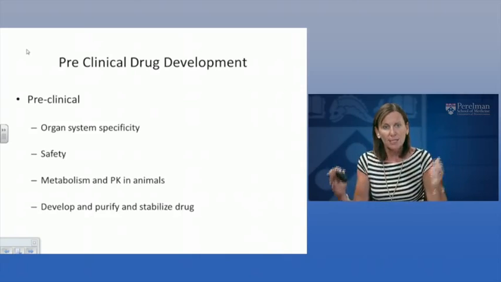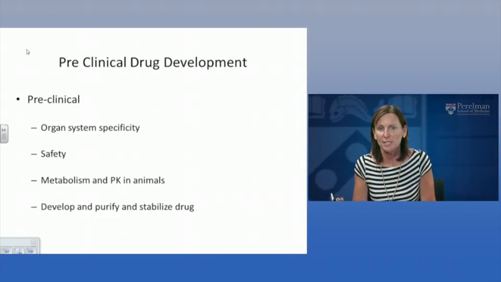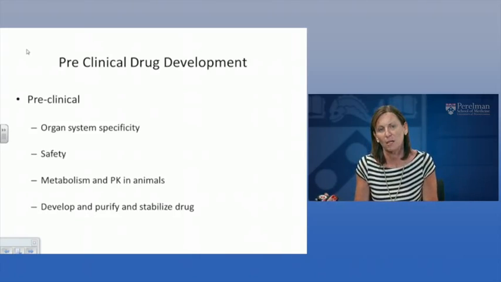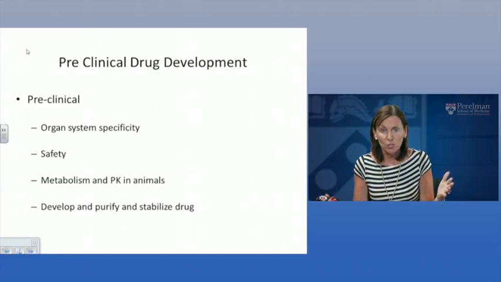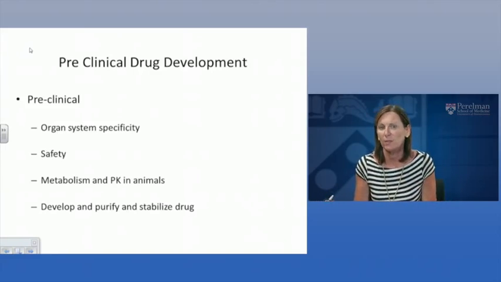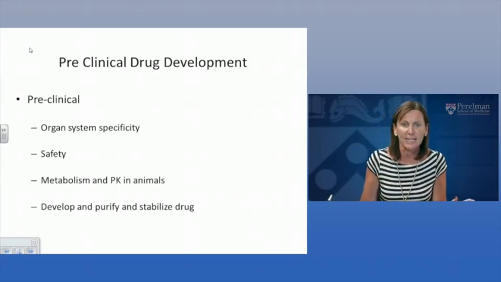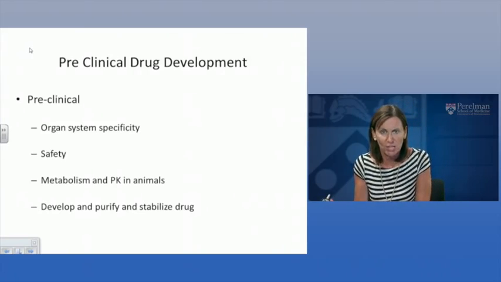You want to get this spectrum of safety that you can anticipate and design your human protocol based on knowing that information. You want to apply your knowledge about pharmacokinetics and try and extrapolate out what the metabolic profile of the drug is in the animals that you've chosen to test.